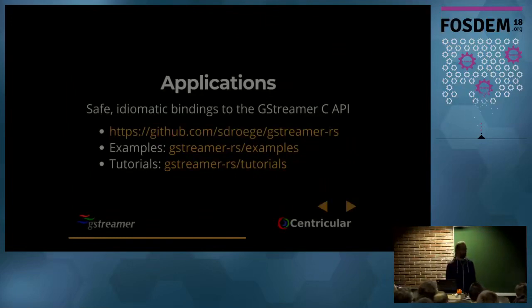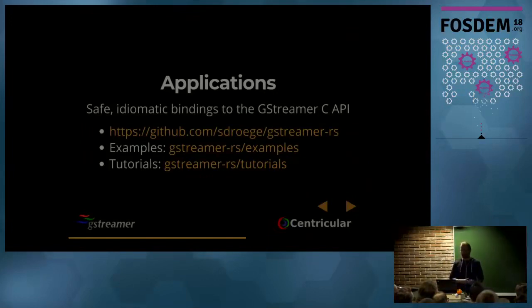So at this point, we have almost complete bindings of the GStreamer core and lots of the helper libraries available. It's all based on the infrastructure that GTK-rs is providing. It's also using the same code generator to generate most of the bindings code from the API metadata that GStreamer is providing. And well, you can find the code here.